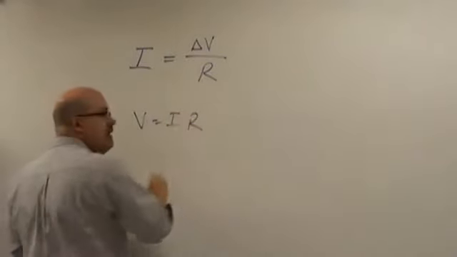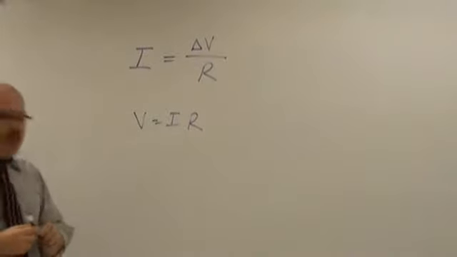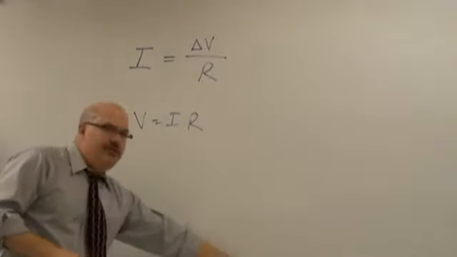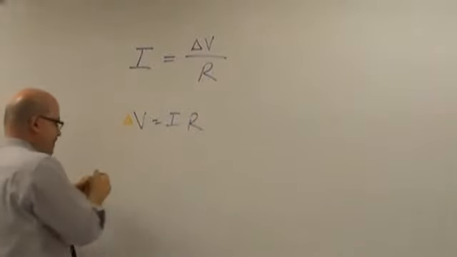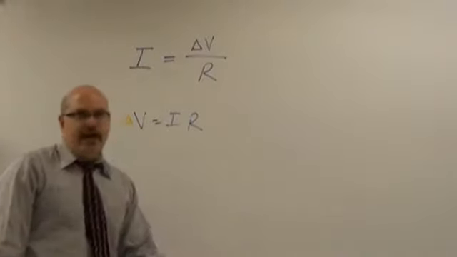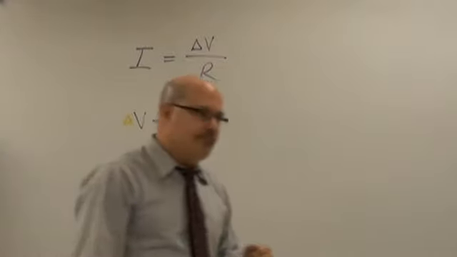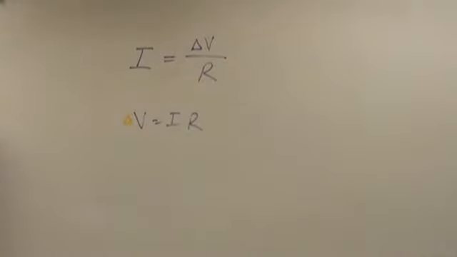Now, the other thing that is really bad that they skip is this thing right here. They skip the delta. And I don't know why they do that. They're lazy. Because it's not a potential at some spot in space that causes current to flow.